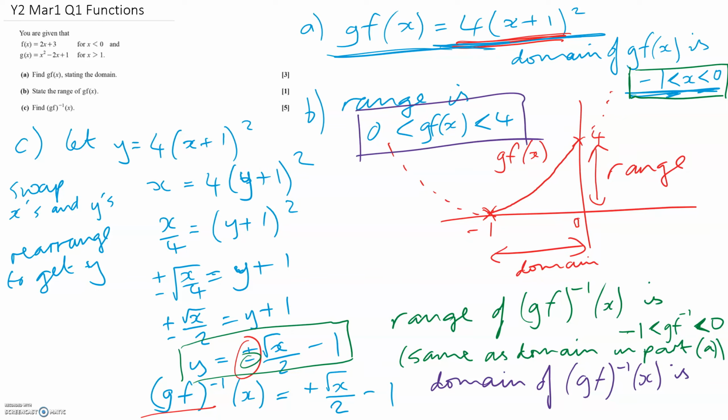So the domain would be 0 to 4. As I said, we're not actually asked for that in the question, but often you are. Okay, so just make a note that it is the same as the range in part B.